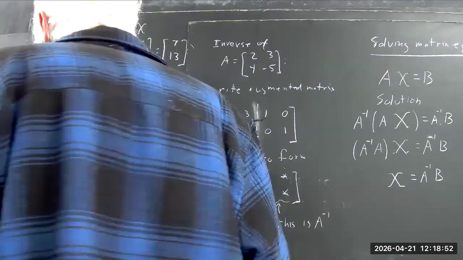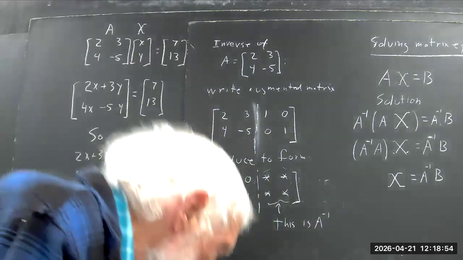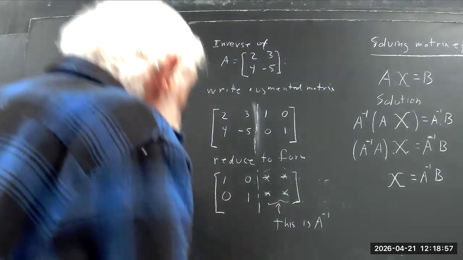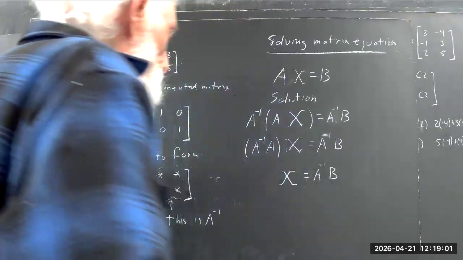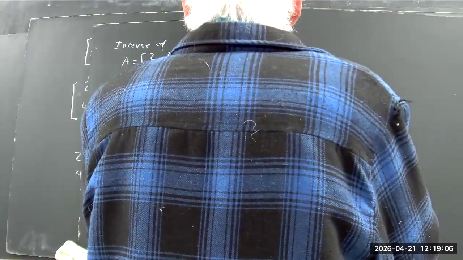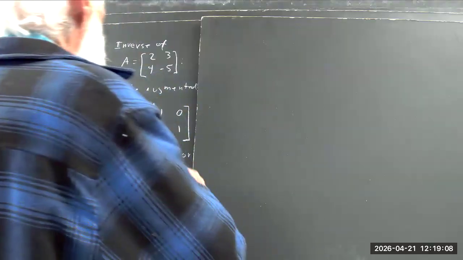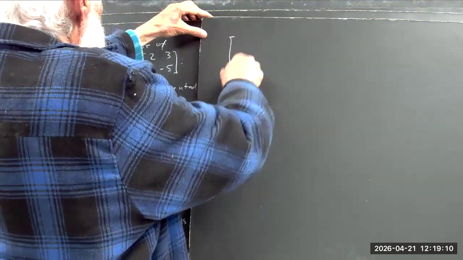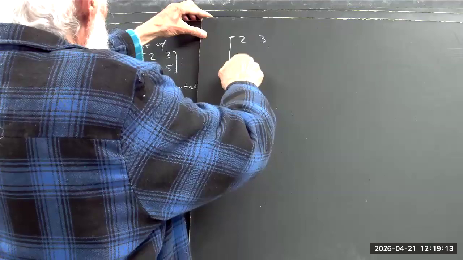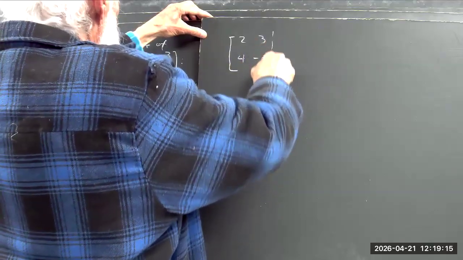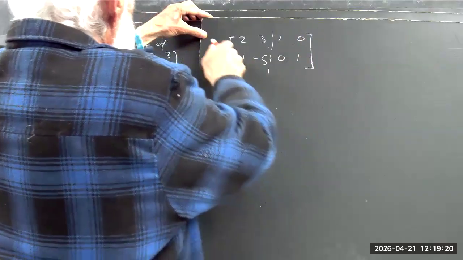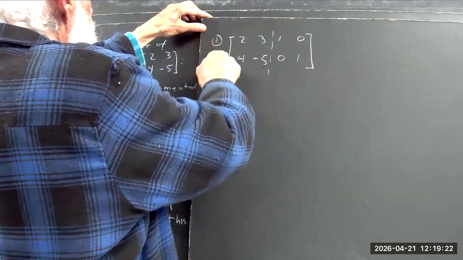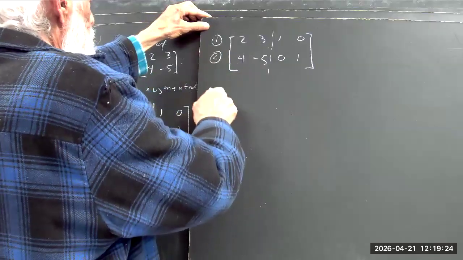I only have about 3 minutes, and I doubt that I can reduce this matrix accurately in 3 minutes, but I'll show you what it looks like anyway. We've got 2, 3, 4, -5, 1, 0, 0, 1. Okay, this is our first row. This is our second row.